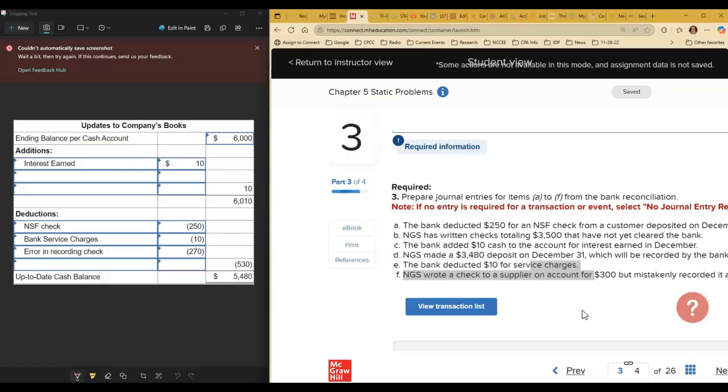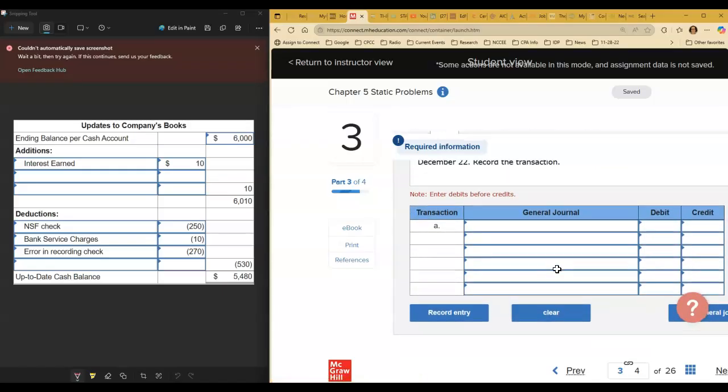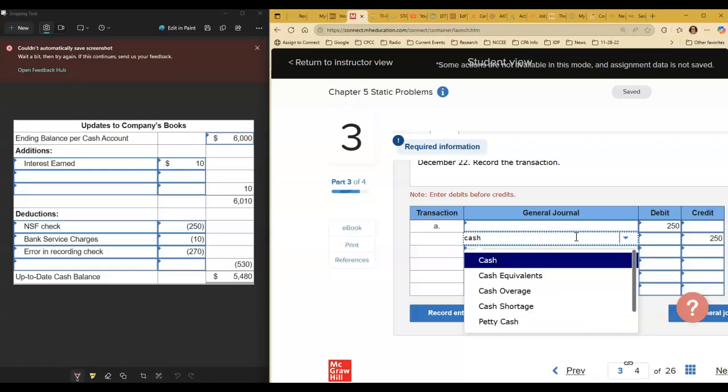Okay. All right. So it says the bank deducted $250 for an NSF check. We did have to make an adjustment for that over here, right? Don't rethink that whole thing. We had to reduce cash by $250. We know that the journal entry has to balance, and we know that we just reduced cash by $250.